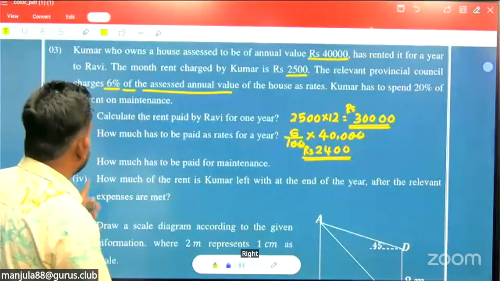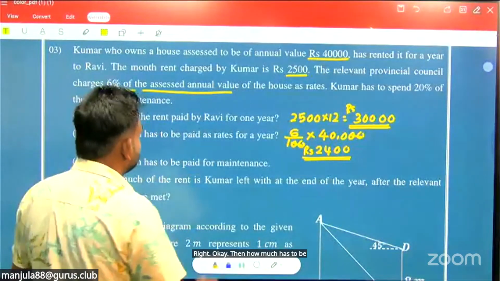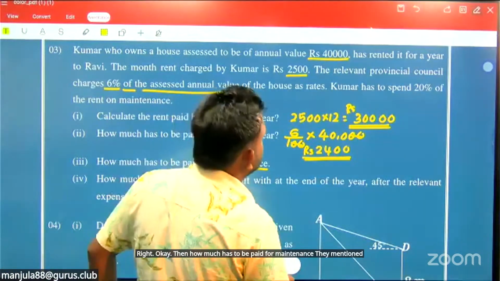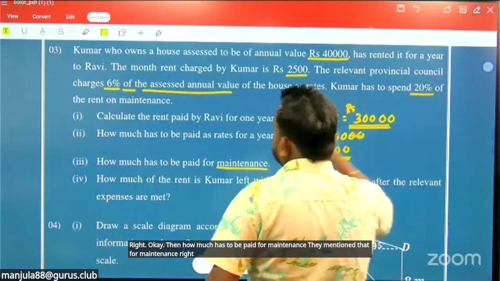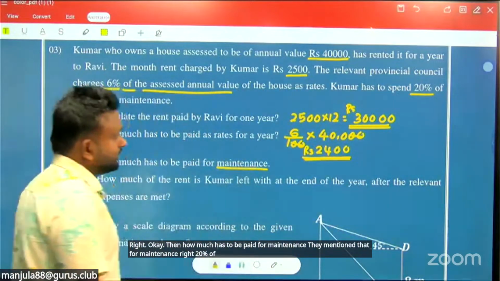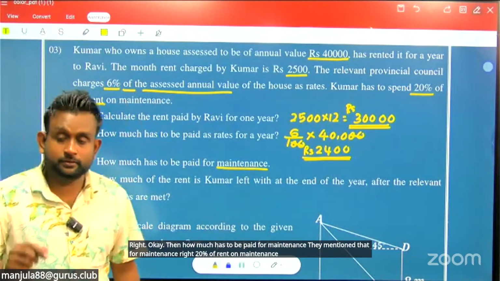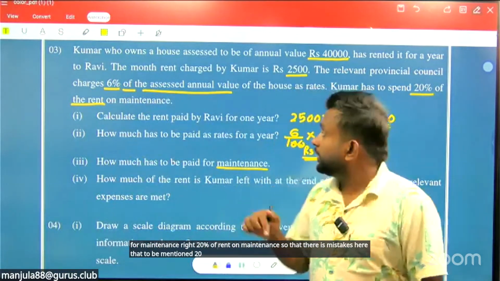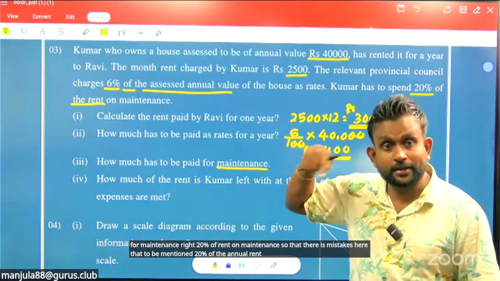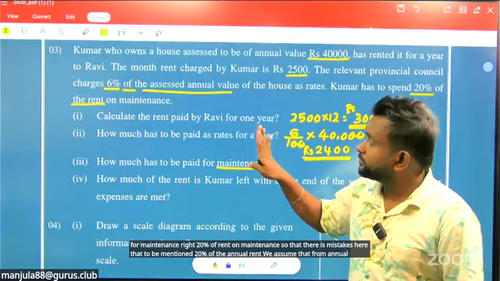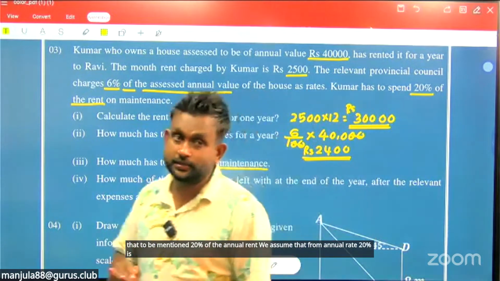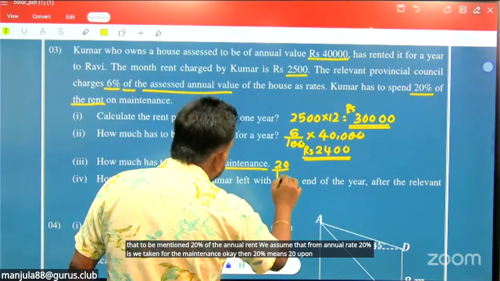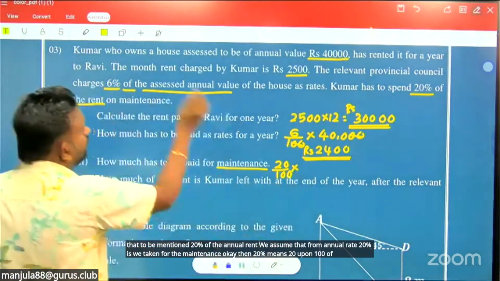Then how much has to be paid for maintenance? They mentioned 20% of rent on maintenance. There is a mistake here; it should be mentioned as 20% of the annual rent. We assume that from the annual rent, 20% is taken for maintenance. So 20% means 20 upon 100 of the annual rent.